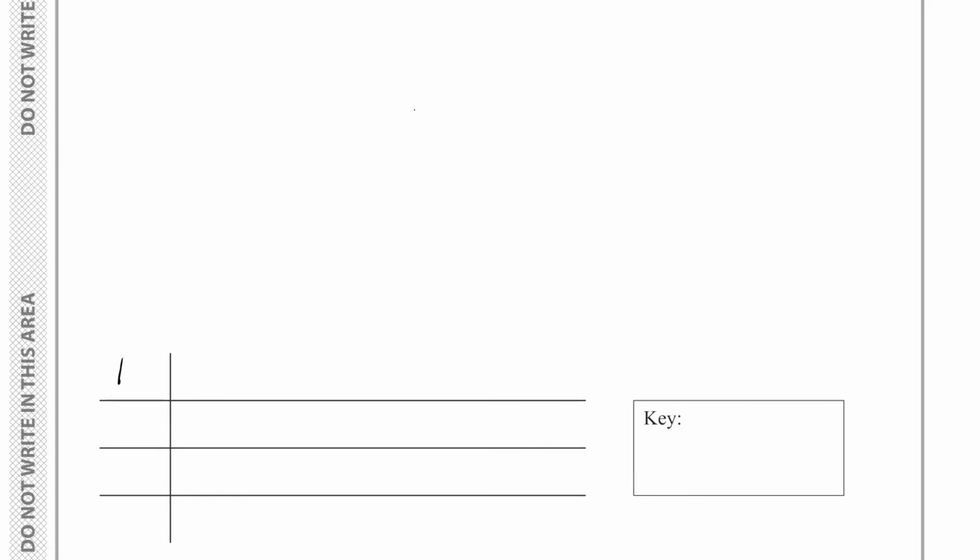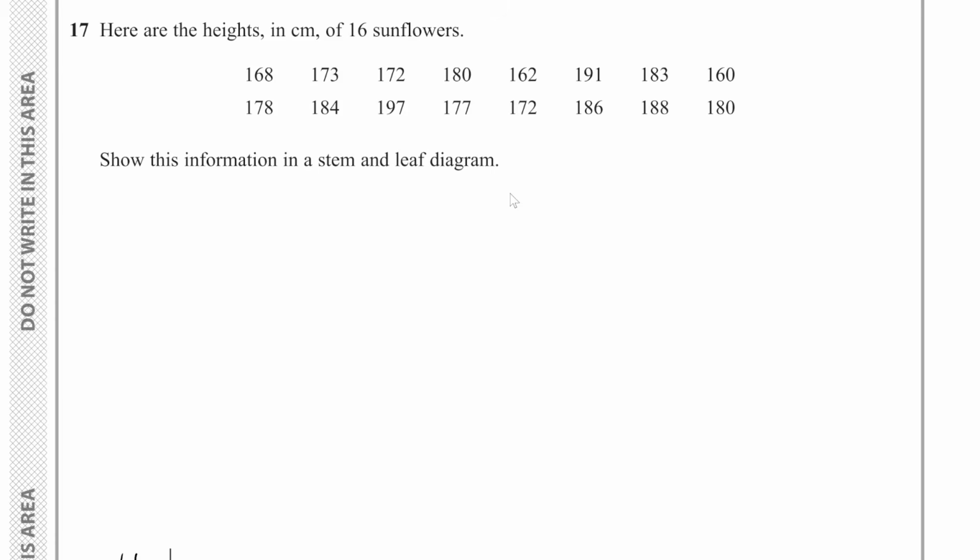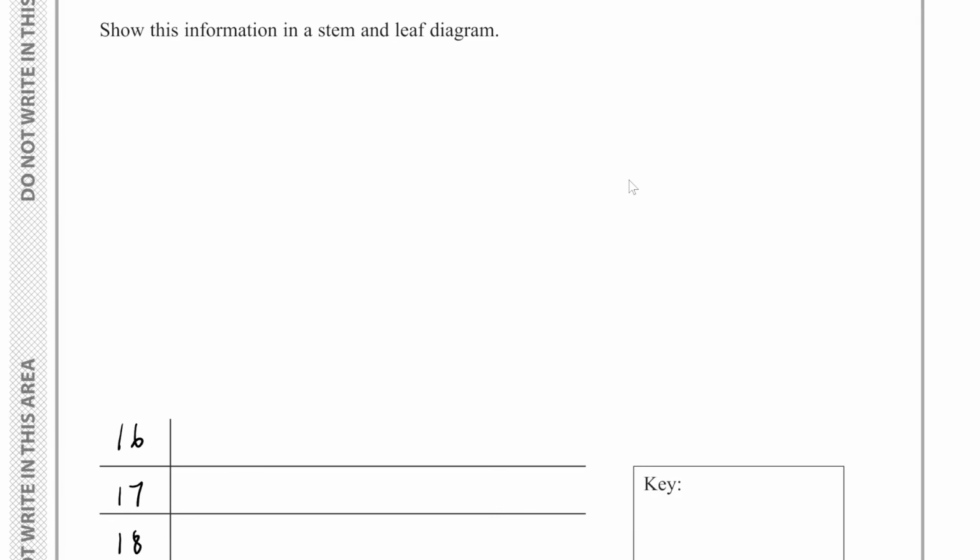And then we're just going to fill these in. So 160 is going to be 16 and a 0. So 16, 0 is 160. It was centimeters.